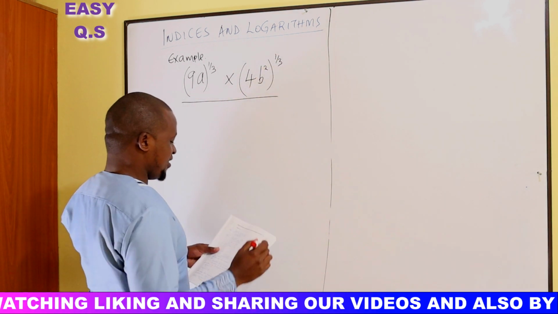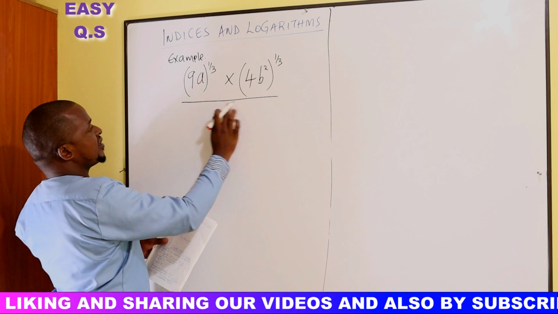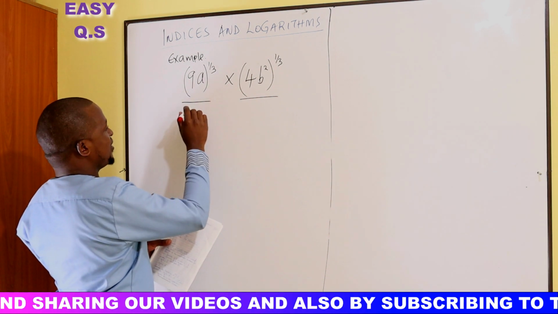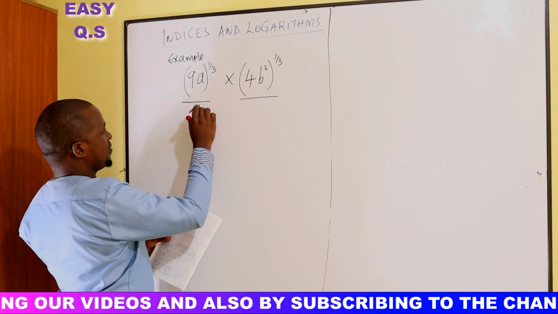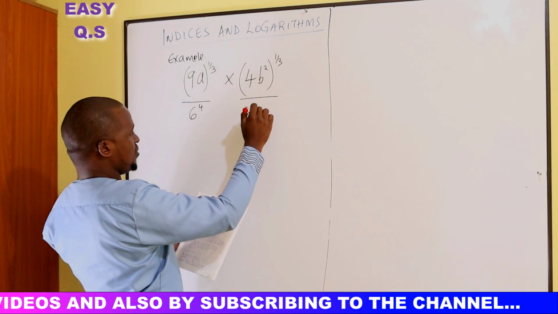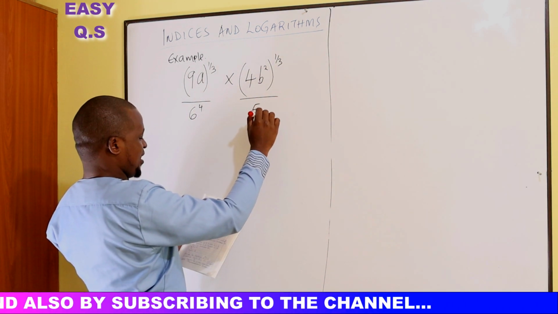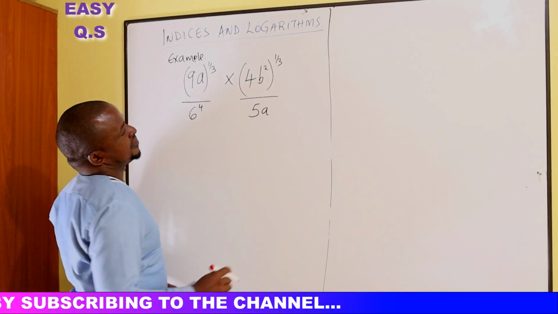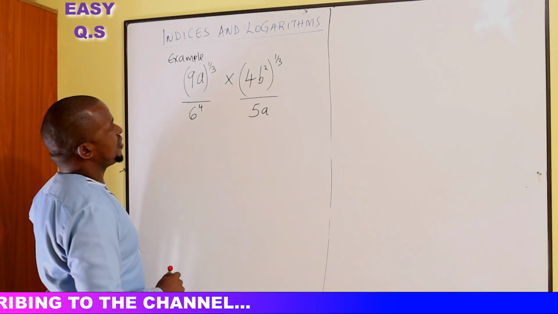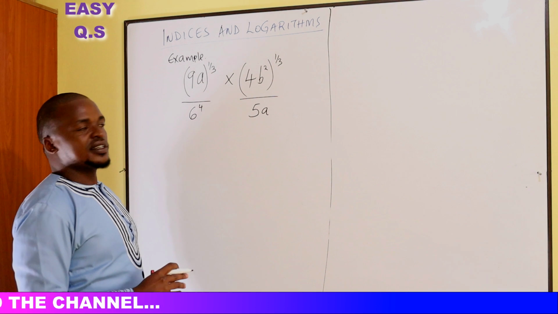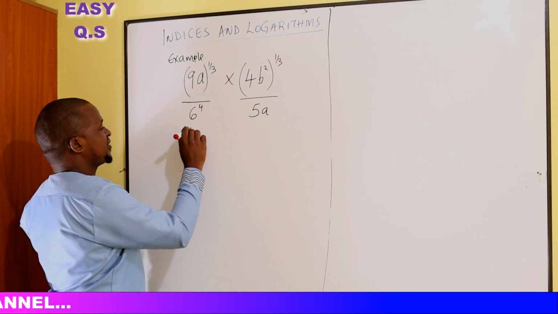Then we divide this one by 6 raised to power 4, times 5a. So we are going to solve that. Solution to this.